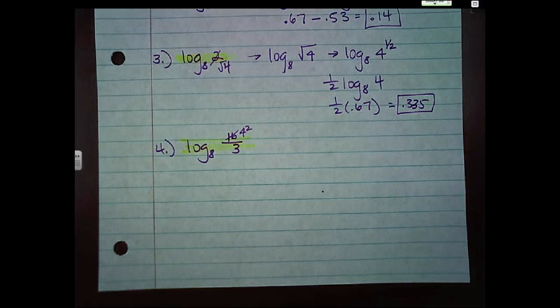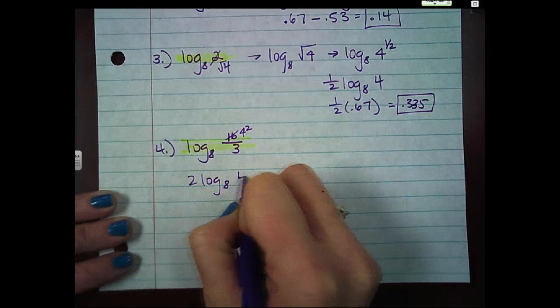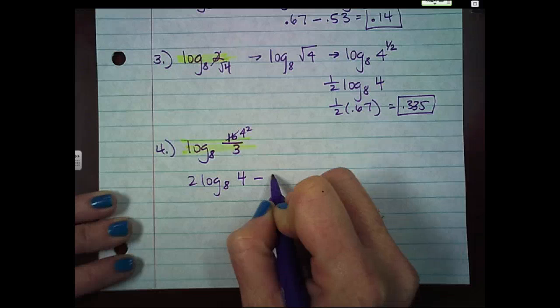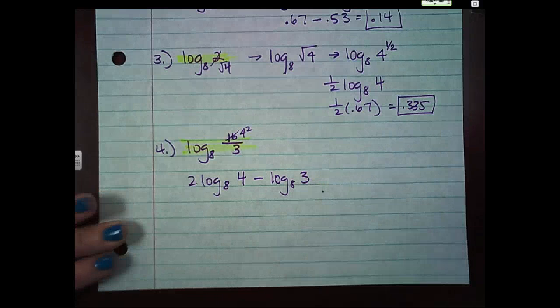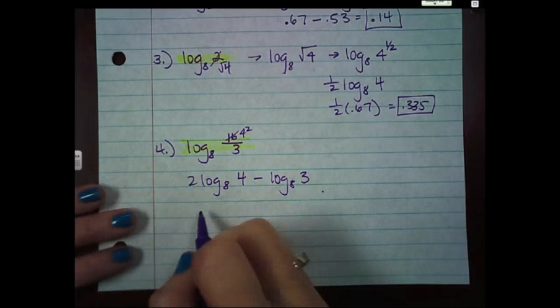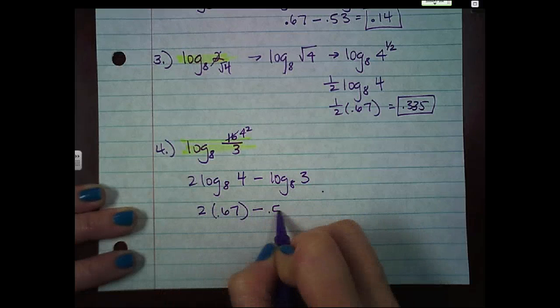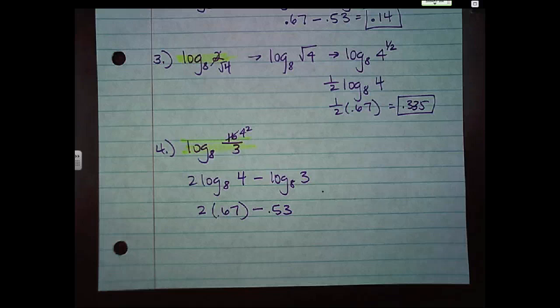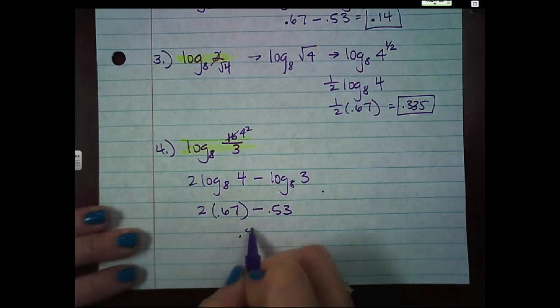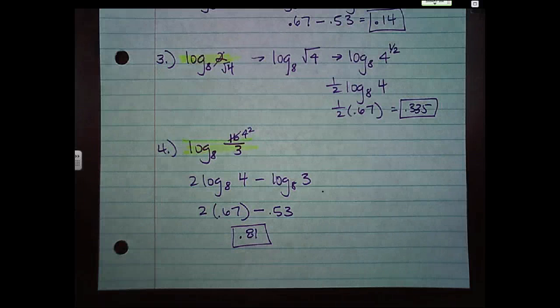So if you rewrite, division means subtraction, you're going to have 2 log base 8 of 4 minus log base 8 of 3. Earlier that would be like 2c minus d, remember that? But this time we have a value. So we want 2 of 0.67 minus 0.53. When you do the math, you get 0.81. Okay, so that's the last one for now.